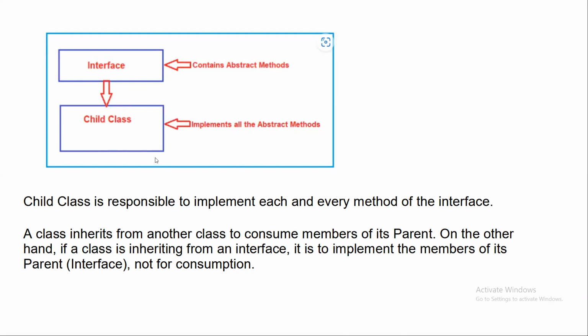So the child class has to write the function body and then start using it. If it is a normal class, you directly invoke the method. But if it is abstract, you have to write the implementation part, then invoke it in the child class.